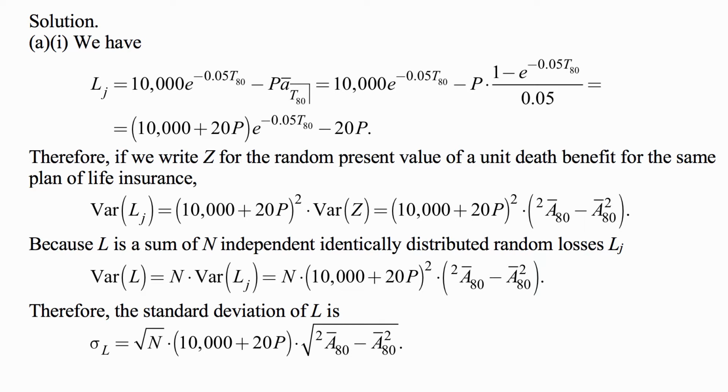Because L is the sum of n independent identically distributed random losses Lj, the variance of L is n times the variance of Lj. And the standard deviation of L is the square root of n times (10,000 plus 20P) times the standard deviation of a unit life insurance, the square root of that variance.